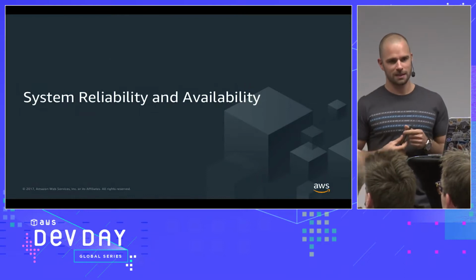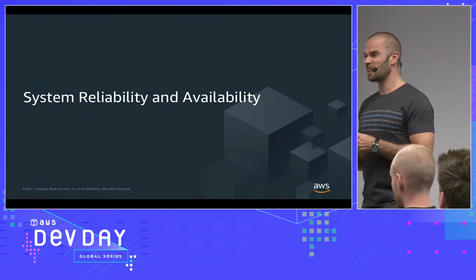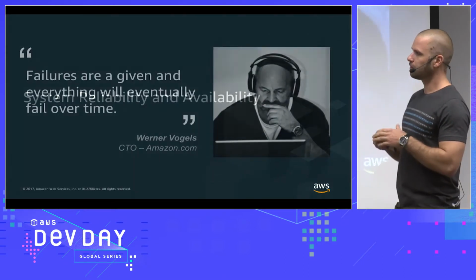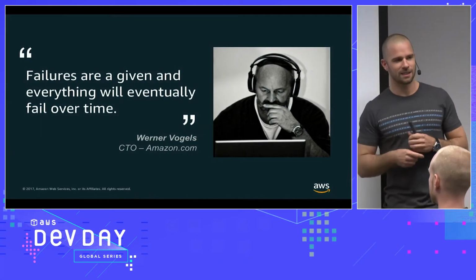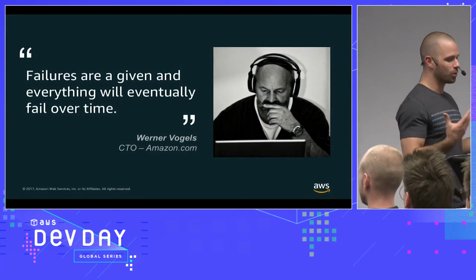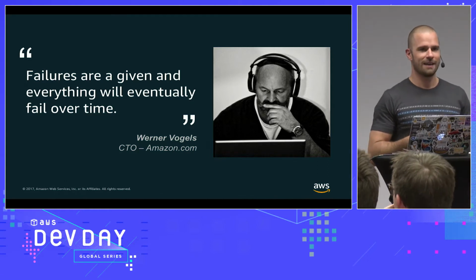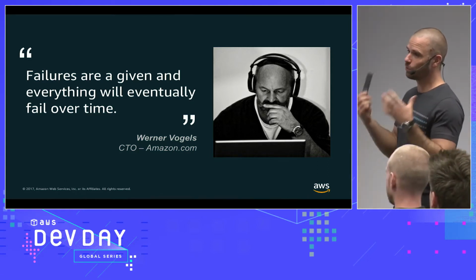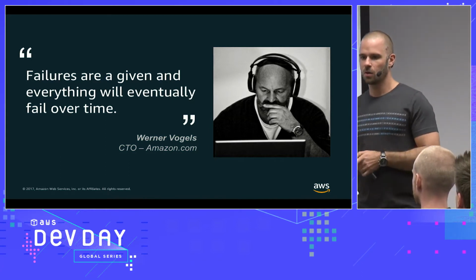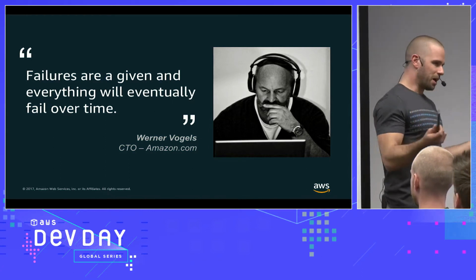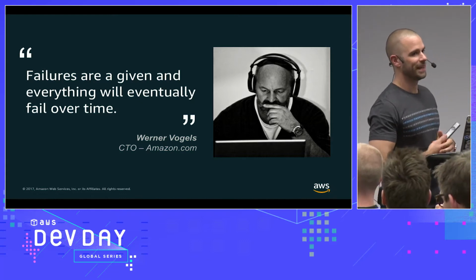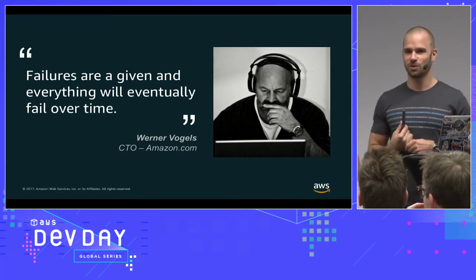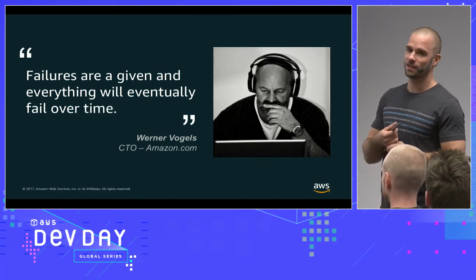Let's first talk about system reliability and availability. What does that mean? The first thing we need to understand is a quote I love from Werner Vogels: failures are a given, because everything eventually will fail. You can think about failures as things you try to avoid, or you can embrace them.